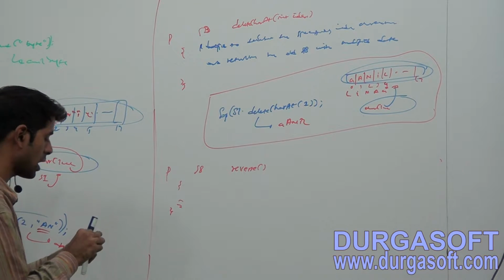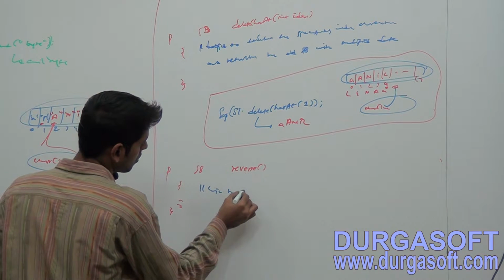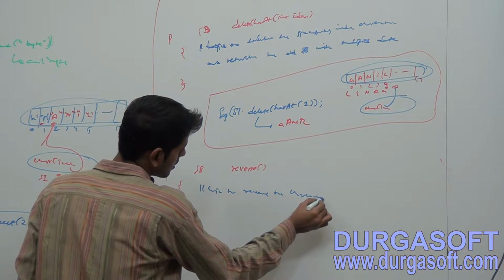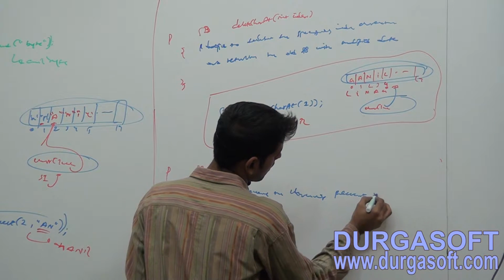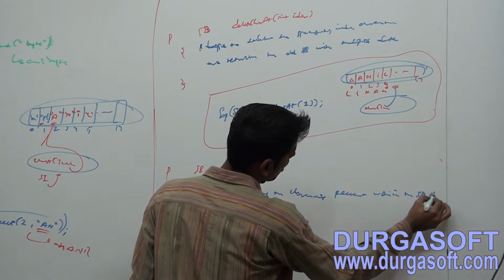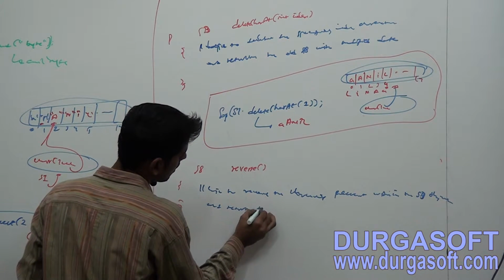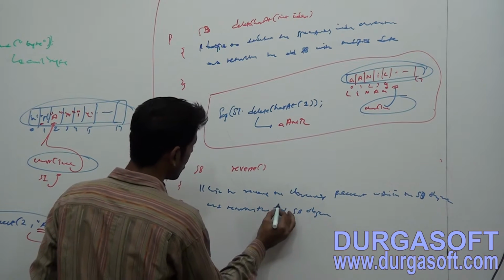What is the logic here, guys? Logic to reverse the characters present within the StringBuffer object, and returns the old StringBuffer object.